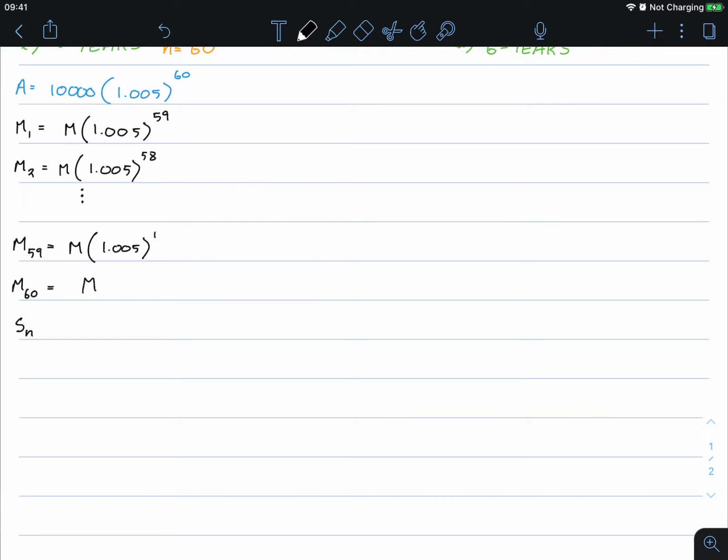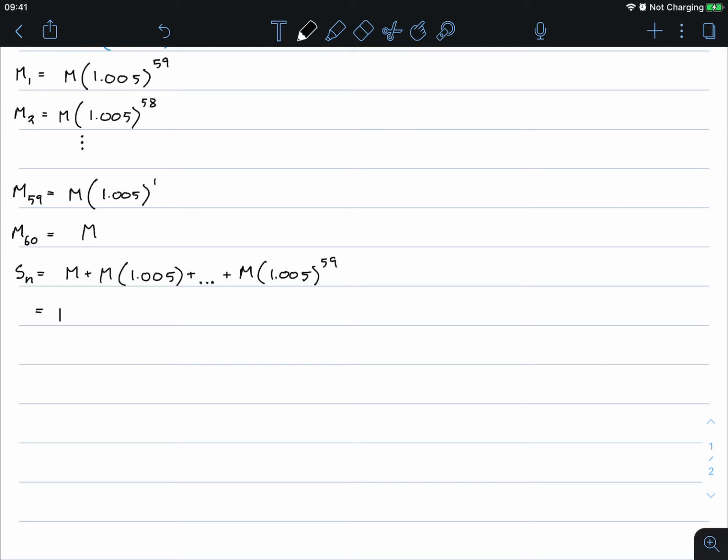Summing all of that together, going from smallest to largest, it'll become M plus M outside of 1.005 plus all the way until the very last expression, power of 59.